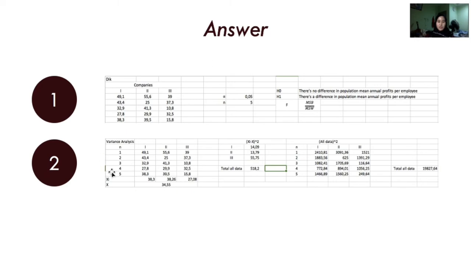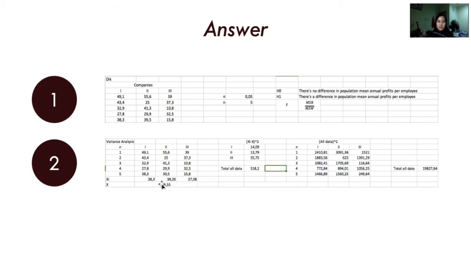From this calculation, we get xi and x bar. With xi the average of each data in each company, and x bar the total average of the overall company. So xi we get from the average of these, like this and this, and x bar is when we average all of these results.